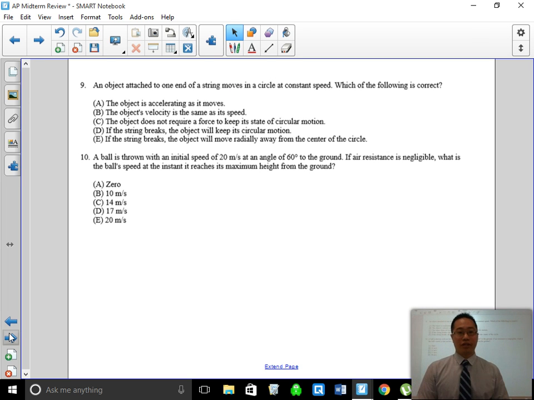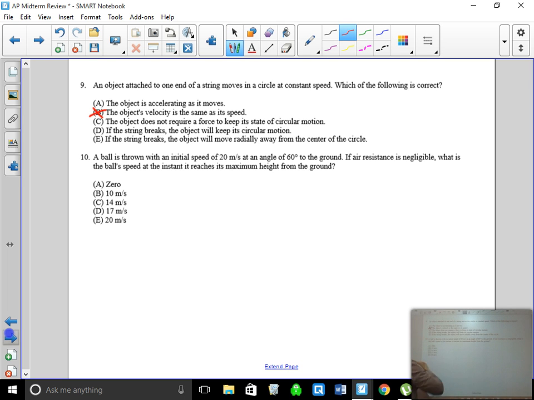An object attached to one end of a string moves in a circle at a constant speed. Which of the following is correct? Now, it cannot be choice B because velocity includes a direction, and the direction is changing. It cannot be choice C because anytime you have circular motion, you have to have a centripetal force.